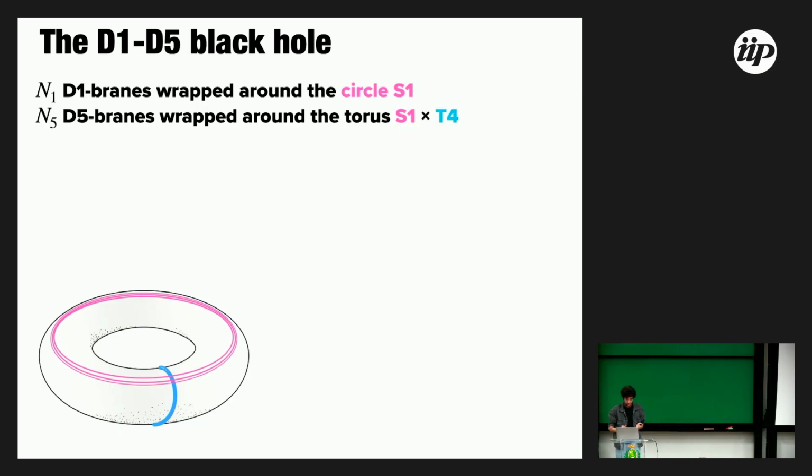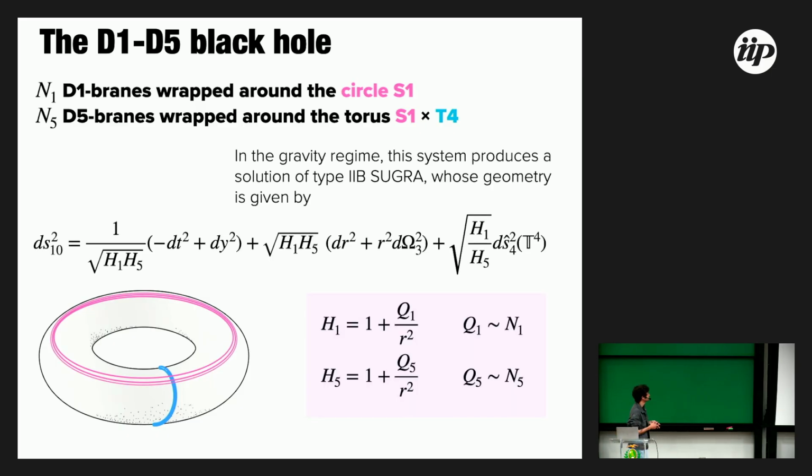And then you have a brane system, which can be described in full string theory, and it can be described in the regime where string theory becomes supergravity. In this regime, this is a solution of type IIB supergravity, and it creates a geometry.